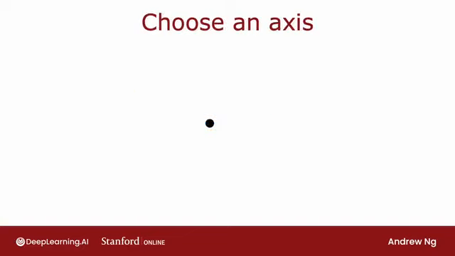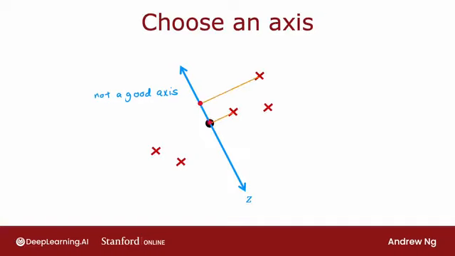Let's look at some other possible choices for the axis z. Here's another choice, and this is actually not a great choice. If I were to choose this as my z-axis, then if I take those same 5 examples and project them down to the z-axis, I end up with these 5 points.